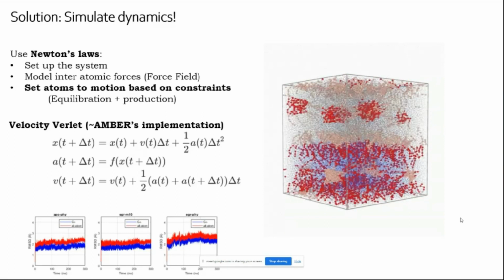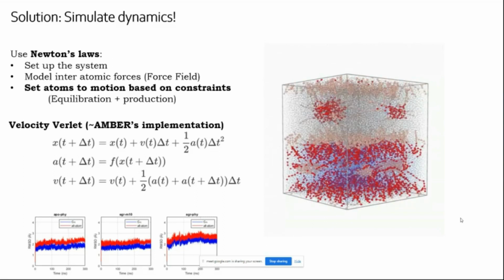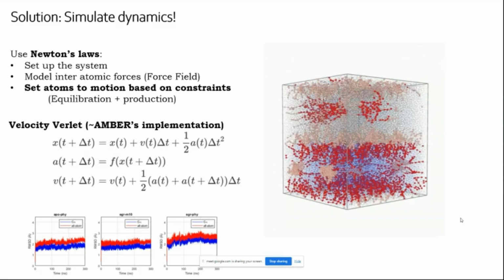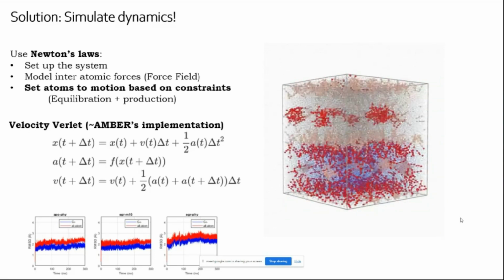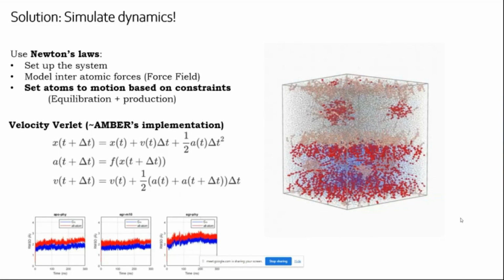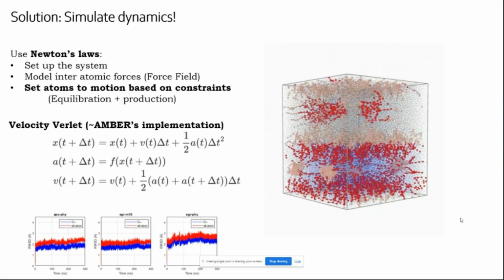Again, using this, you can put it in a loop. You can find coordinate and velocity after time t plus 2 delta t and so on. So this is how you put atoms into motion. And at regular intervals, we note down the positions.